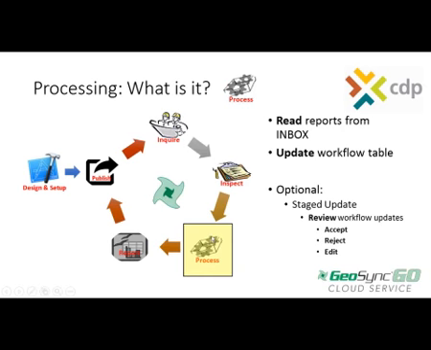So processing really is all about reading reports from the inbox and then updating our workflow table. There is an optional part of that, which is what we would call a staged update, and in that case we can actually intercept that updating process and have a chance to actually review those reports before we do a final update.